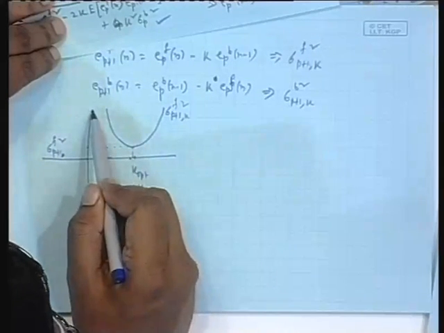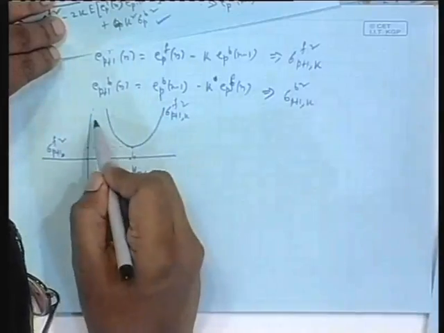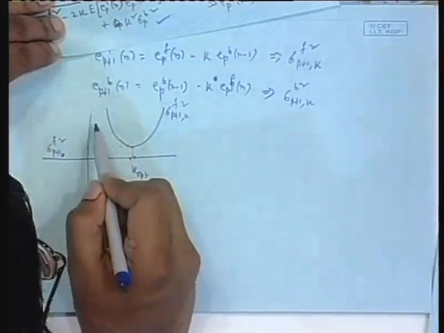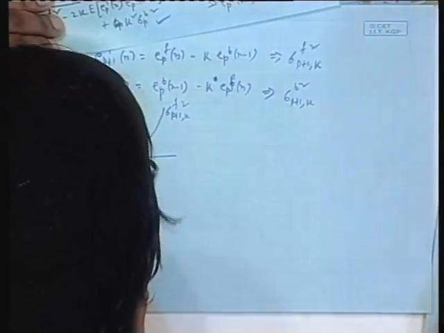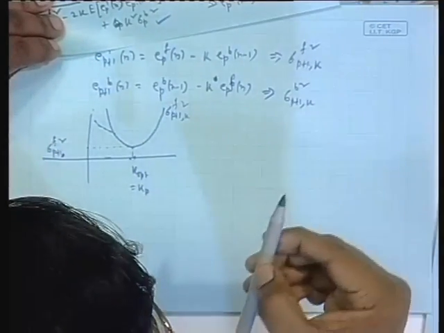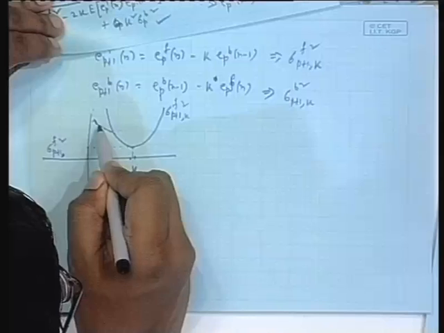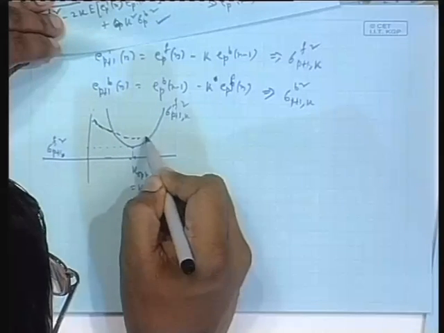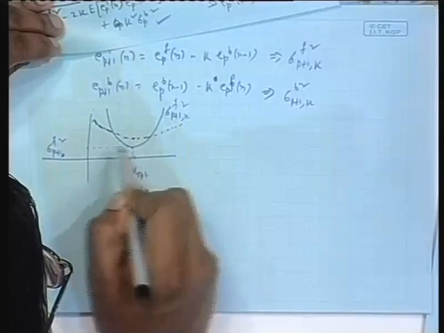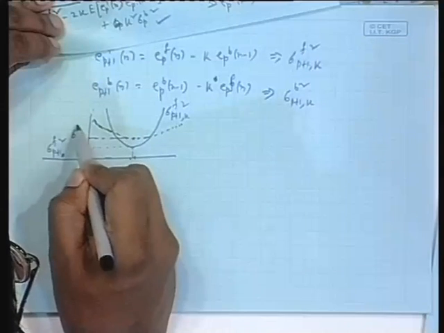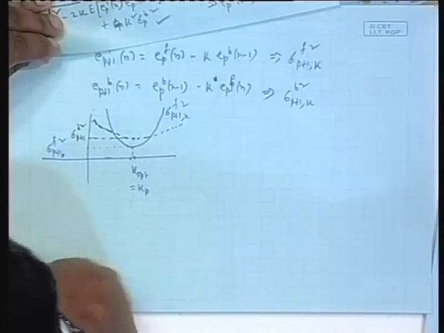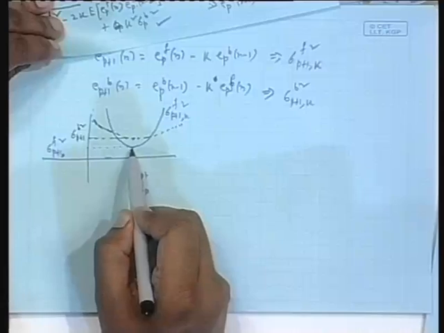So it could be something like this. This much is your sigma p plus 1 b square, but actually these two are also the same, so it should hit the same point.